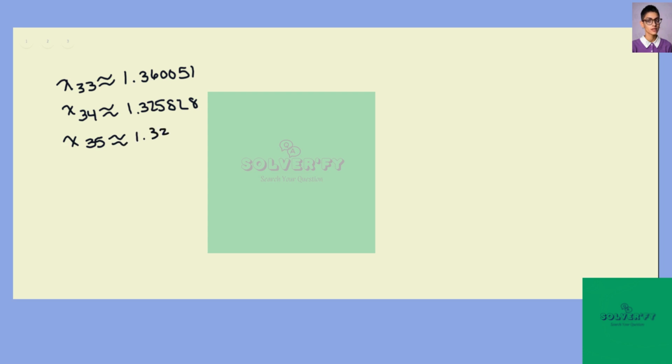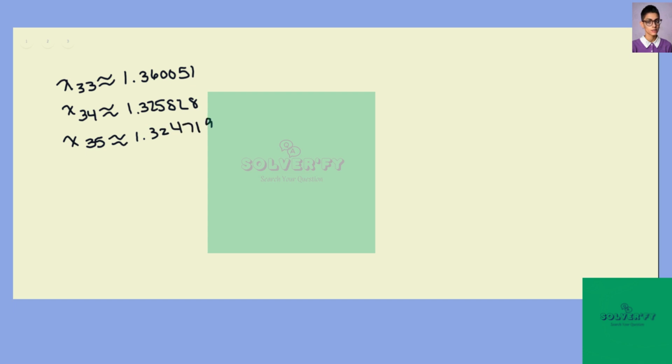X sub 33, 1.360051. X sub 34, 1.320 5828. X sub 35, 1.324719.